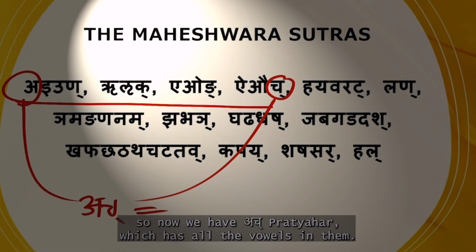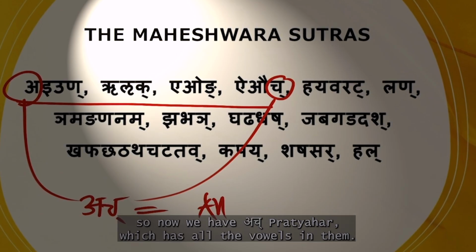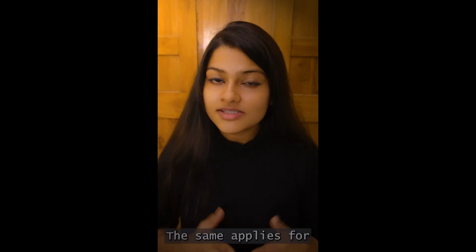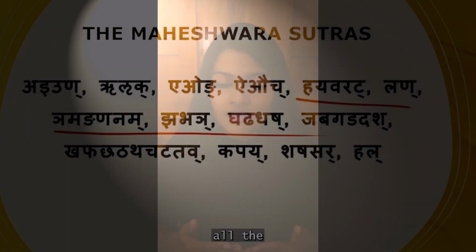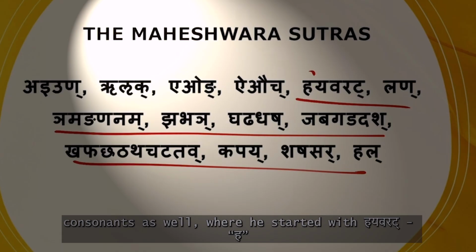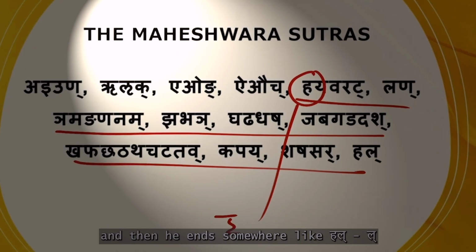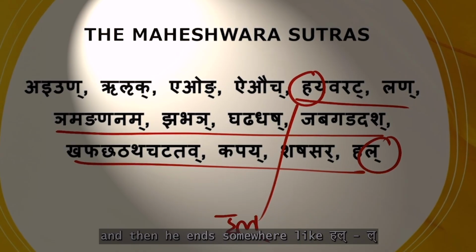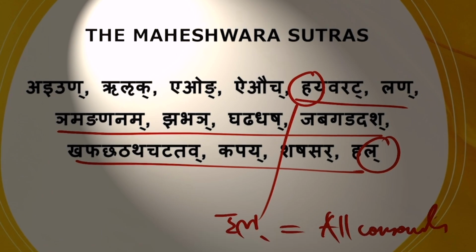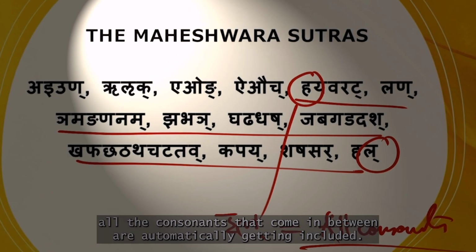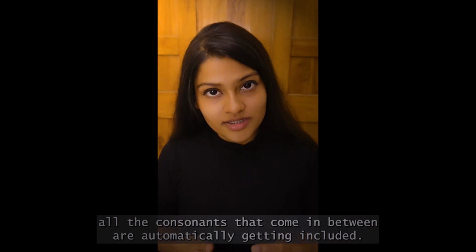So now we have a pratyahar which has all the vowels in it. The same applies for all the consonants, where he started with Hayavarat Ha and ends somewhere like Hal, and you see that in writing Hal, all the consonants that come in between are automatically included.